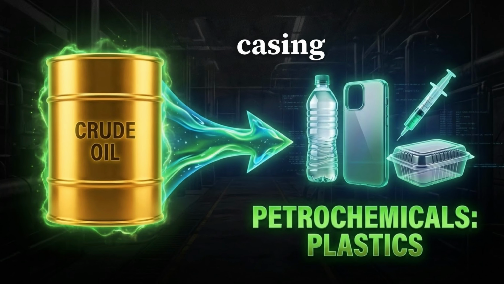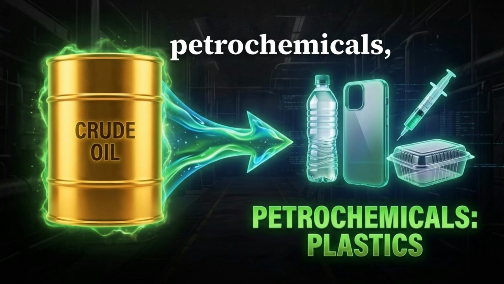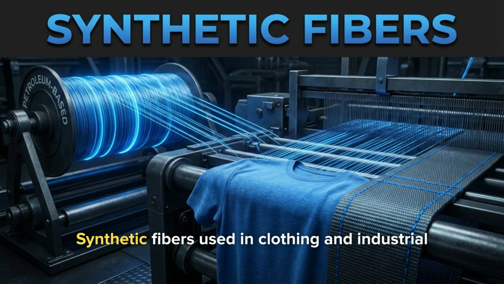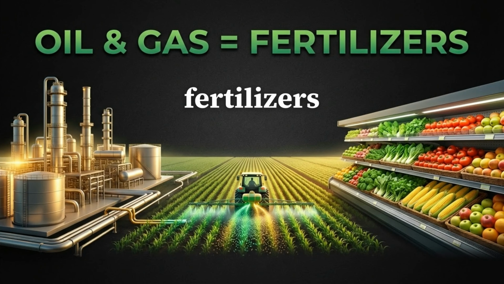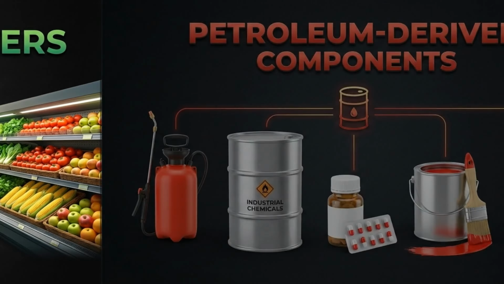The plastic casing on virtually every consumer product, bottles, electronics housings, medical equipment, packaging, is derived from petrochemicals, which come from crude oil. Synthetic fibers used in clothing and industrial textiles are petroleum-based materials. The fertilizers that grow the food on supermarket shelves globally are manufactured using oil and natural gas as primary feedstocks.